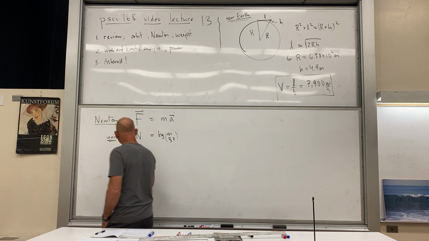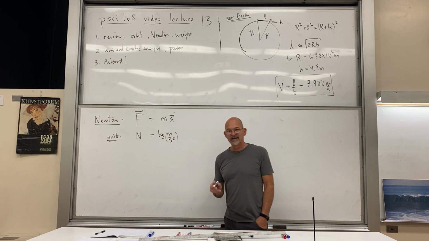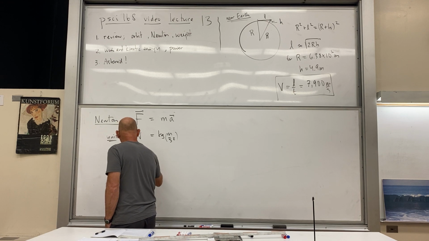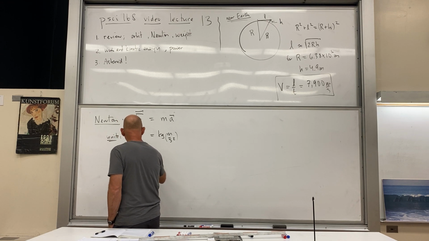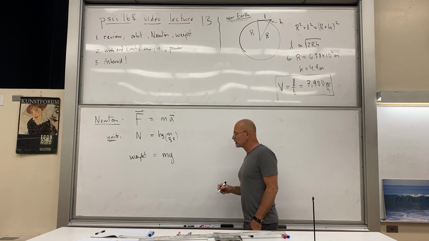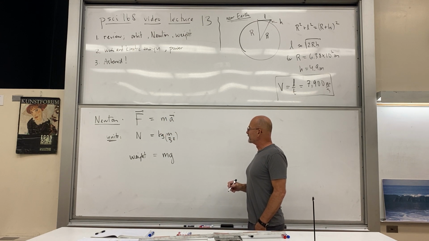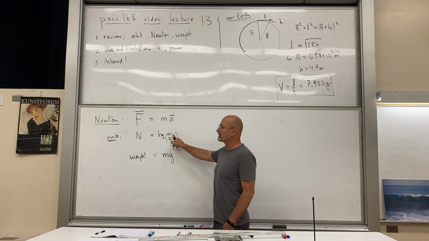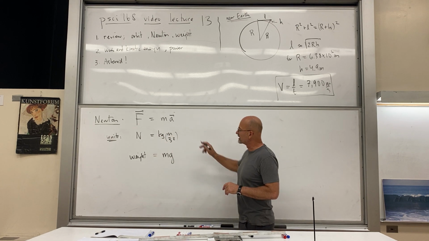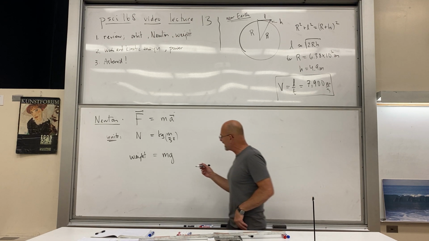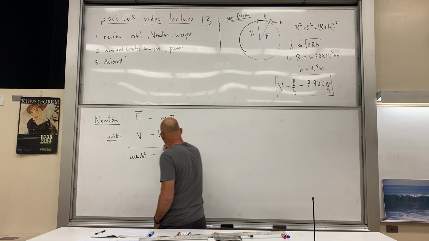And in particular, we learned that weight is m times g. So weight is equal to mass times the acceleration due to gravity. And don't mix up these m's here. Here it's a mass, here it's a meter. You just have to recognize what it is you're dealing with. So weight is mass times the acceleration due to gravity.